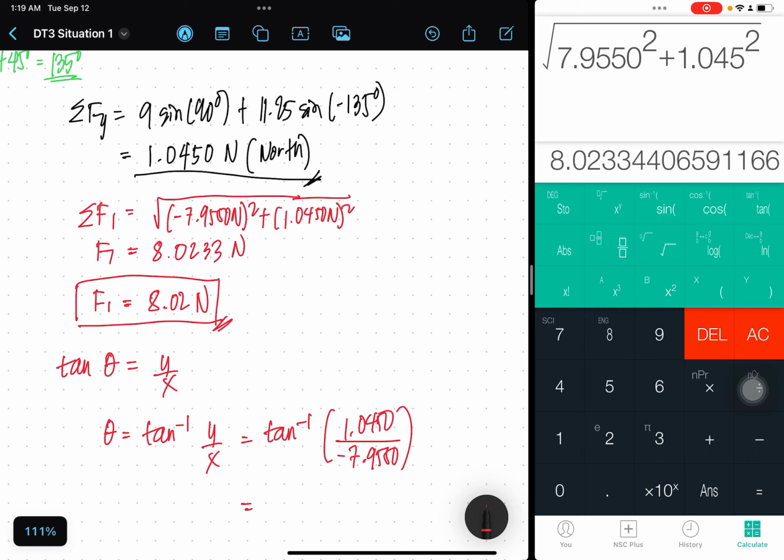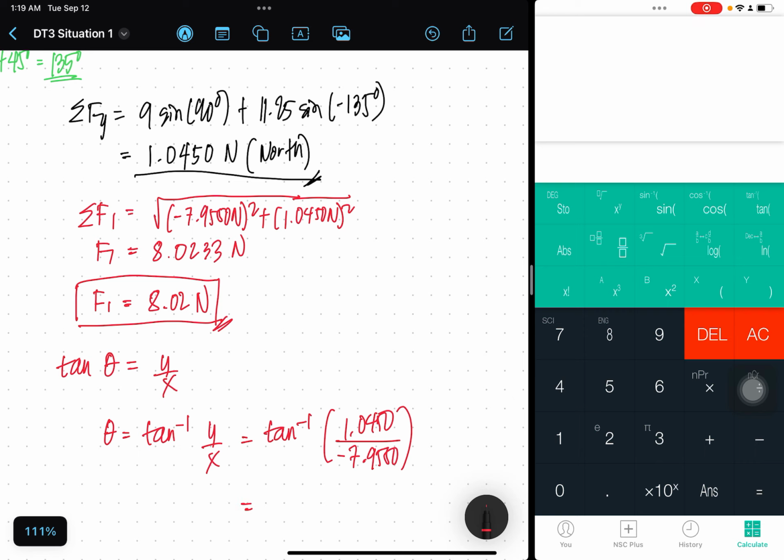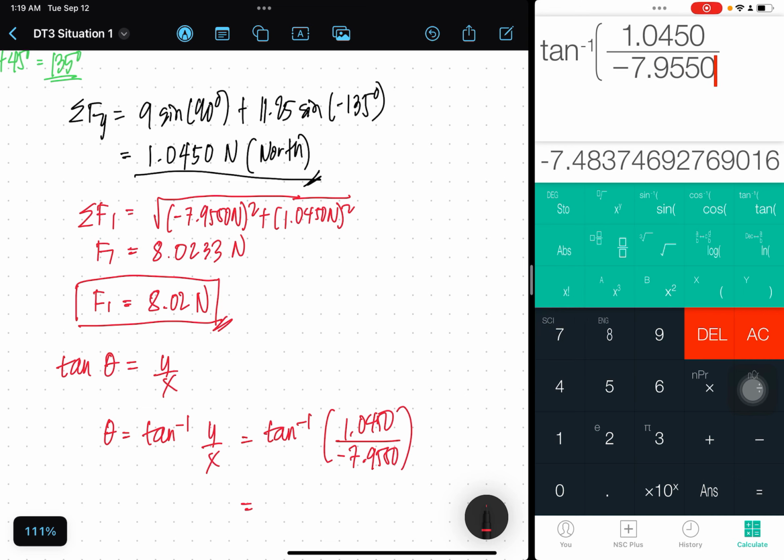So, calculating them, tangent inverse is equal to 1.0450 divided by negative 7.9550. Okay, we are able to get the value of, sorry, baliktad ako.